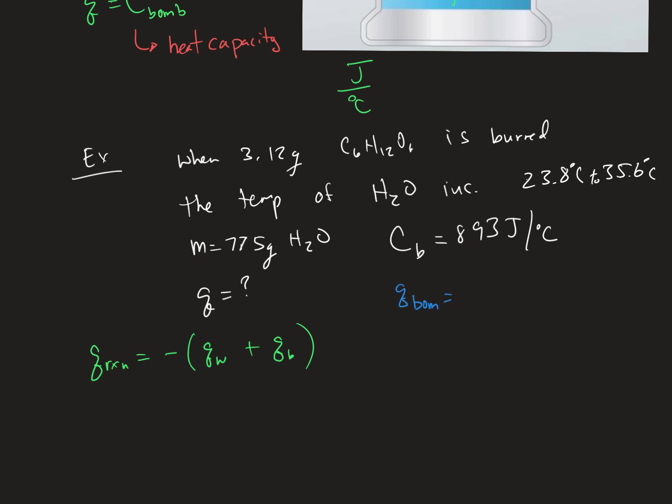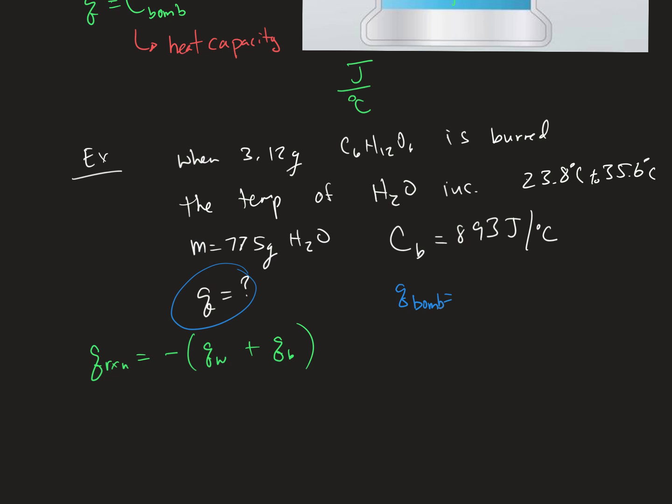The heat of reaction. Well, yeah, this reaction goes off, and how you find it is, well, it heats up the bomb, which then heats up the water, right? But does all that temperature have to go into the water? Maybe not, right? So that's why this is the formula. And so let's find heat of the bomb.